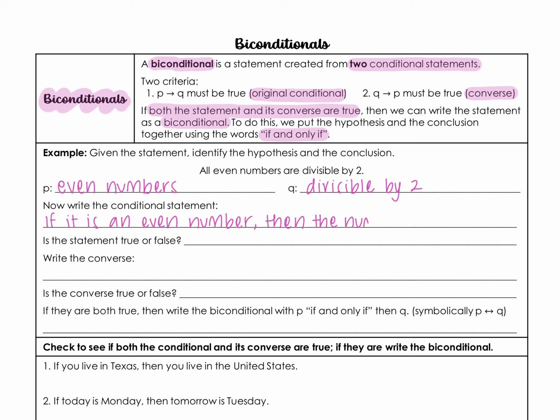Is the statement true or false? If it is an even number, is it always going to be divisible by 2? Yes, that is a true statement.